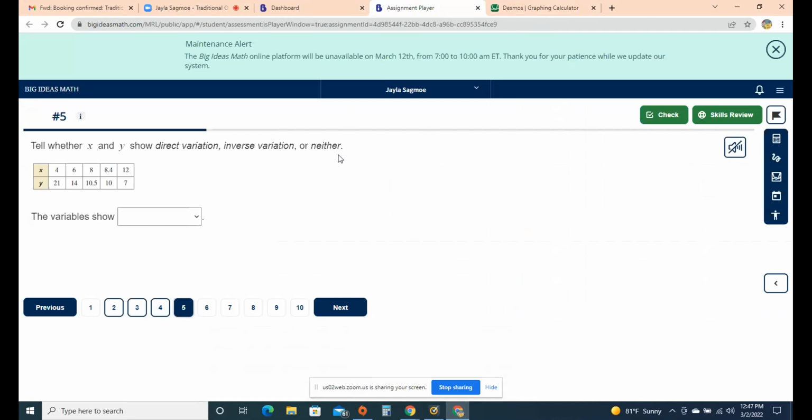So to answer your question, when the product of the numbers is the same, that is inverse variation, but they all have to multiply out. So like 12 times 7 does, 8.4 times 10 does, 8 times 10.5 does also. So if the numbers multiply together and always equal the same thing, then it's inverse variation. Okay, I'm gonna write that down.